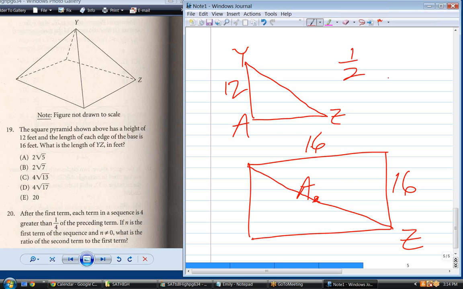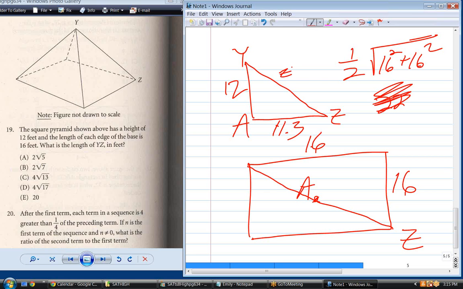Okay, so second part. It's 22 point. So it's 11.3 approximately. Now solve for Z. Well, that's not a good letter to call it.